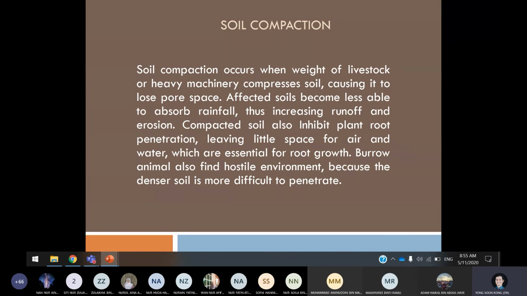Now, usually compaction happens. These terms here, what they mean by compaction is artificial compaction. That means it's caused by human activity. It's not that humans purposely want to compact the soil, although they do, because of civil engineers. If you ask any civil engineers how they would like to have their foundation on the soil to be, they would usually tell you they're going to have a steamroller. Do you know what a steamroller is?